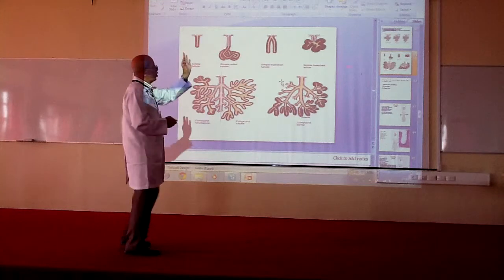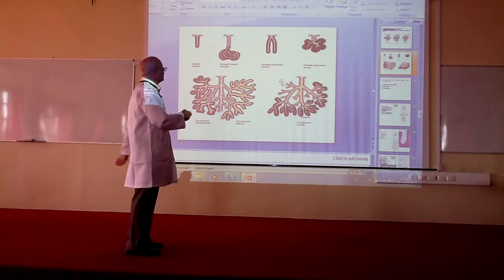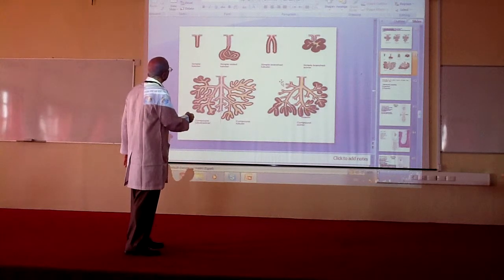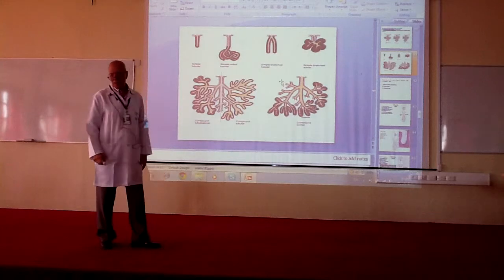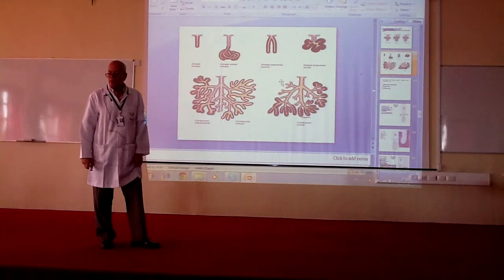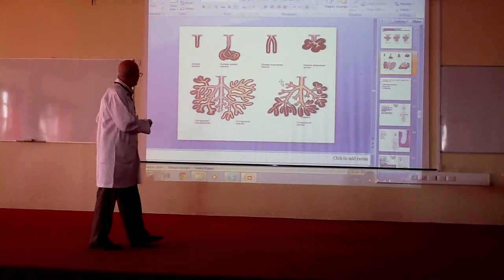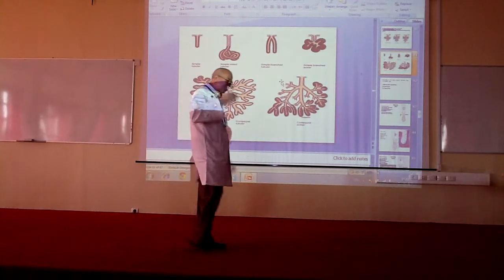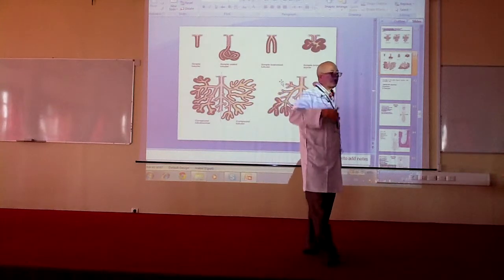If the secretory unit is tubulo-alveolar, it is called simple tubulo-alveolar, simple branched tubulo-alveolar, compound tubulo-alveolar. So we have simple tubular, simple alveolar, simple tubulo-alveolar.